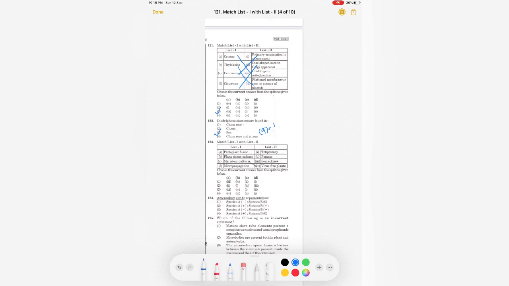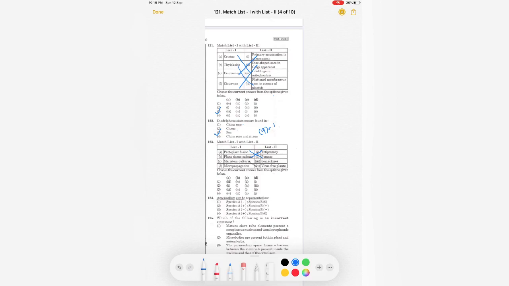Protoplast fusion. A typical example for protoplast fusion is pomato. You have studied potato and tomato. Then plant tissue culture. The basic principle of plant tissue culture is totipotency, the ability of a cell to develop into a whole organism.